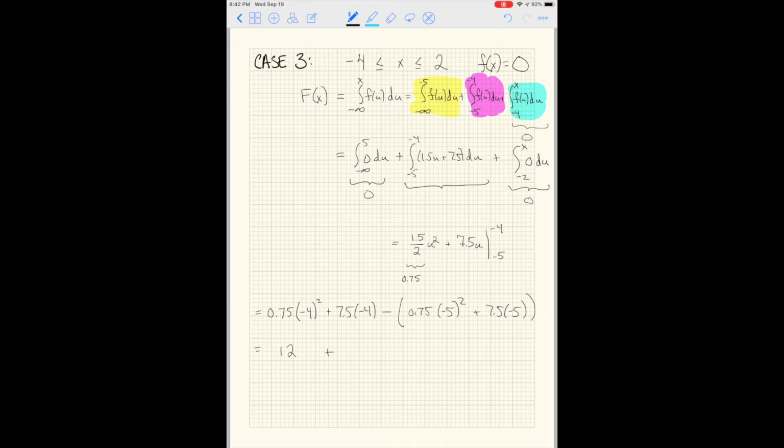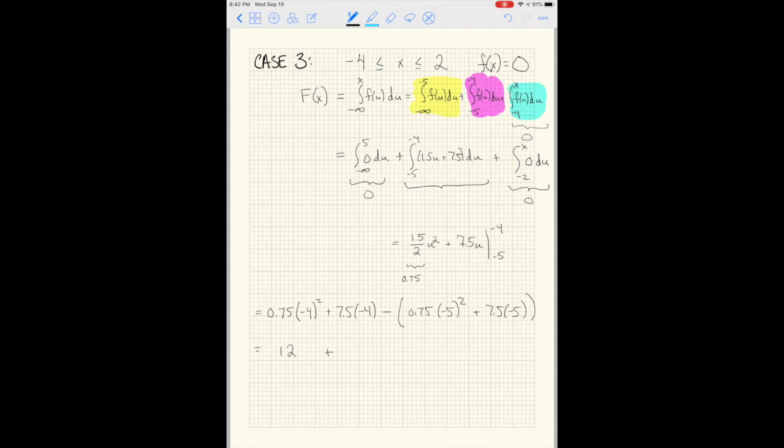Plus 7.5 times negative 4, which should be minus 30.